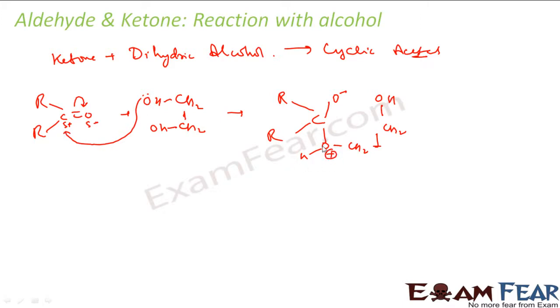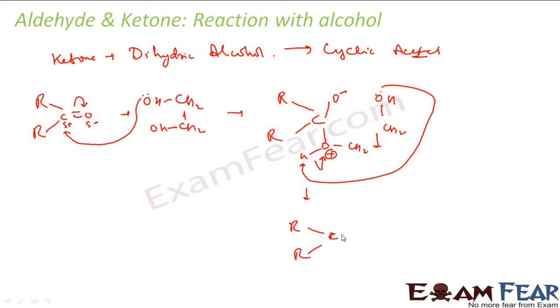Since oxygen is electronegative, it doesn't want positive charge, so hydrogen will say, okay, I'll go away from here, and this H plus will go and this positive charge will also go. So with this, it will be neutral. And now this H plus will attack this lone pair of electrons. So the product you get is R.